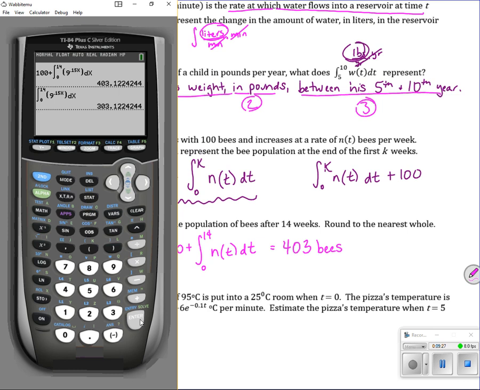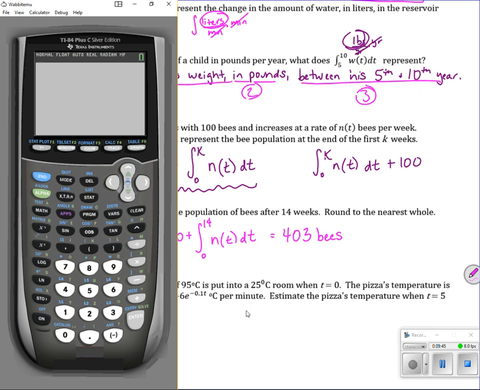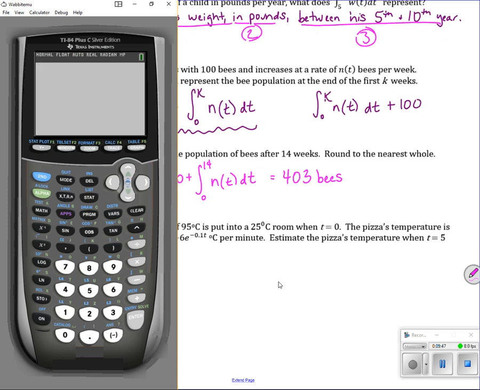The integral is an accumulation of change. That's the change in the number of bees. It started with 100, so you have to add that in. So I want you to read number 3 and see if you can set it up and get my answer. Stop the video and try to do example 3.